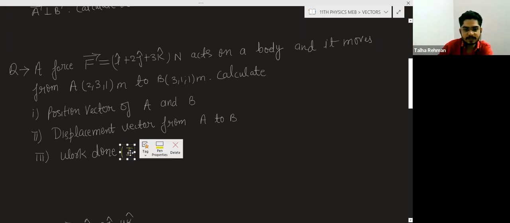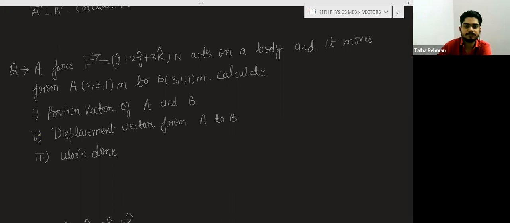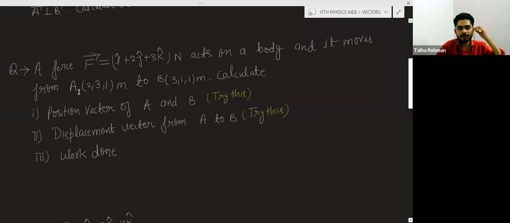I will discuss the third part, but the first part and second part at least you can try. I will discuss this question in the next class. In the first part you have to calculate the position vector. In the second part you have to calculate the displacement vector.